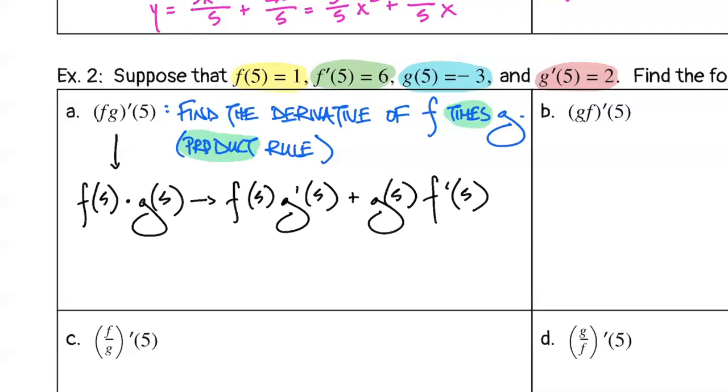Now, you'll notice that I write everything with the f and the g. I didn't plug in any of these numbers yet. A general rule of thumb is you want to take the derivative first, and then at the end, you plug in the numbers.